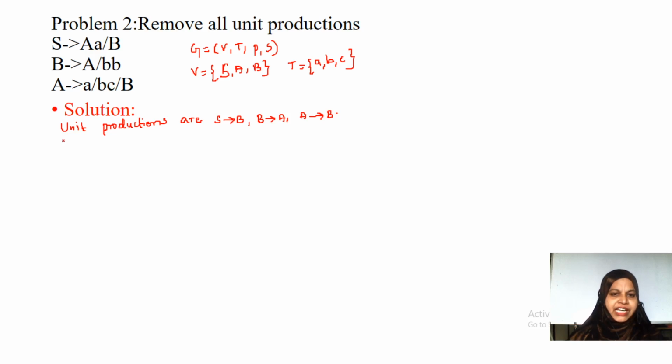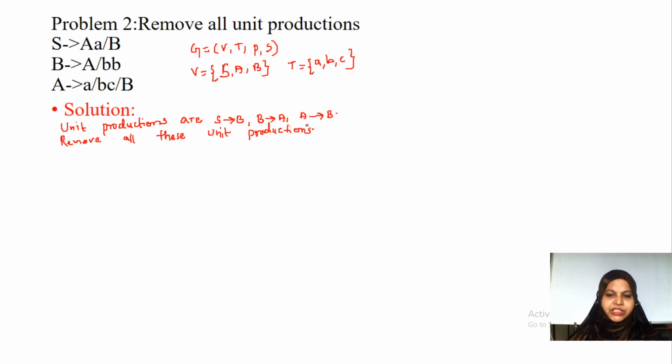So we have to remove all these unit productions.